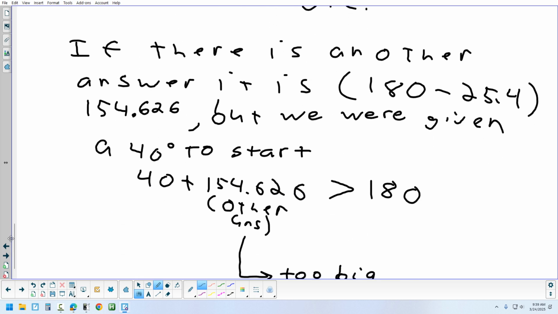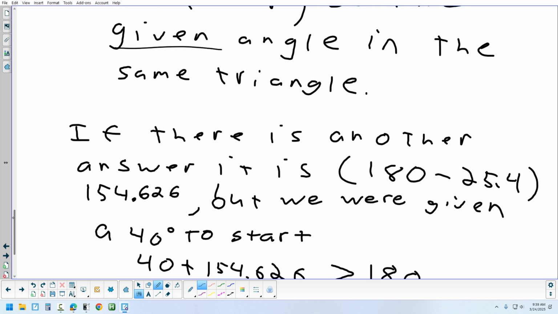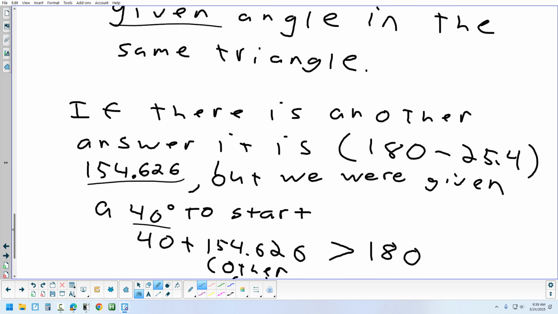So in our case, we don't have to write it down, but that's the reasoning. Right? So if there's another answer, it's the 154.626, but with a 40 to start with, if you add them up, that's 194.626. That's more than 180. So it's not going to fit in this triangle. So what that means is we can cross out the 154, we can ignore it, we don't need it, it doesn't work.